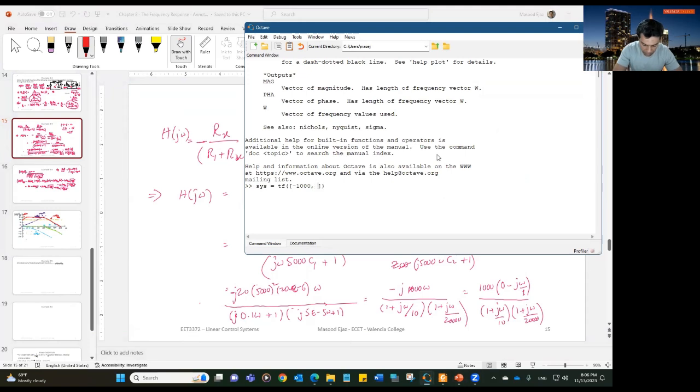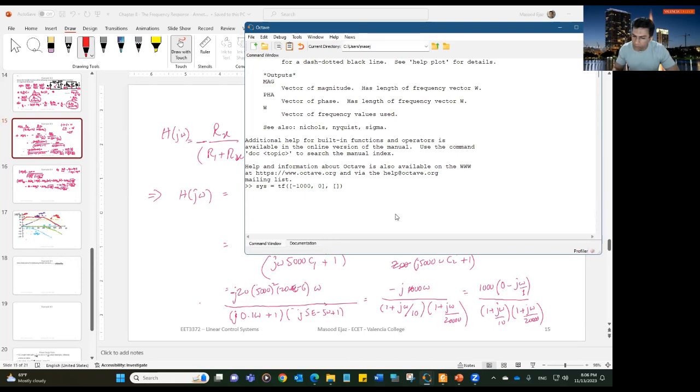Negative 1000 comma 0, and the denominator is going to be, remember, j omega is s, so 0.1 s plus 1, or we can just do s and take 0.1 out and then divide it by 1000, whichever way.